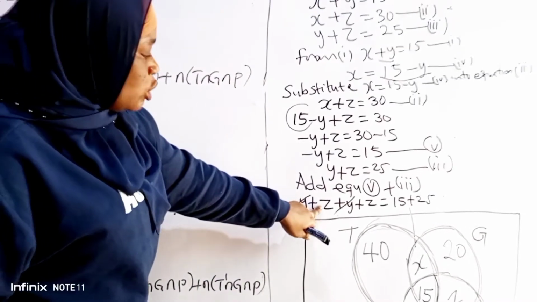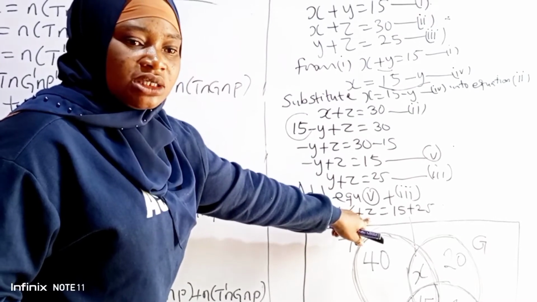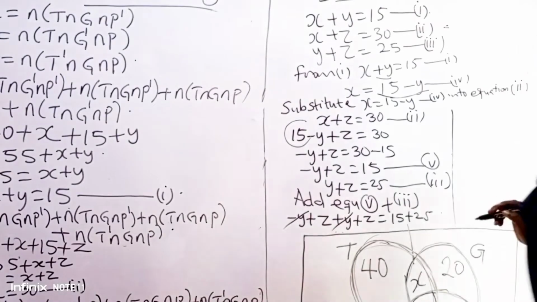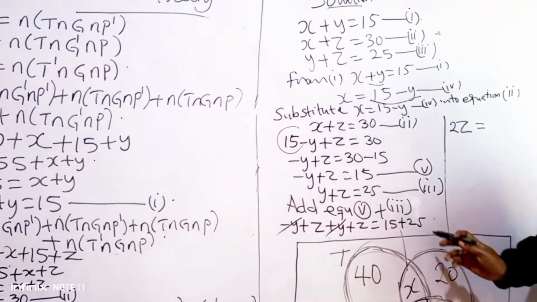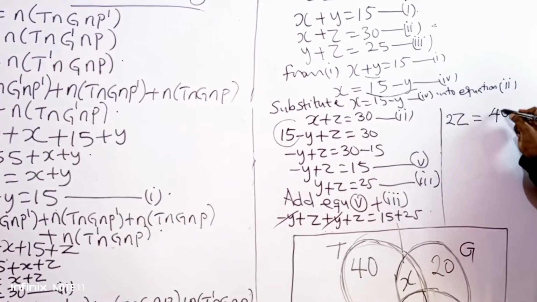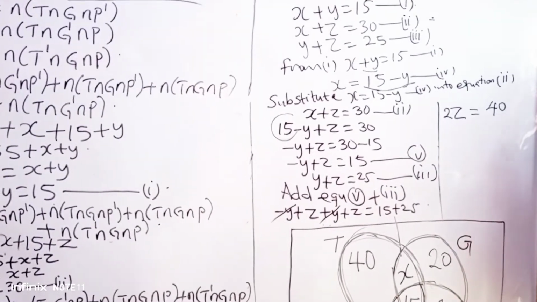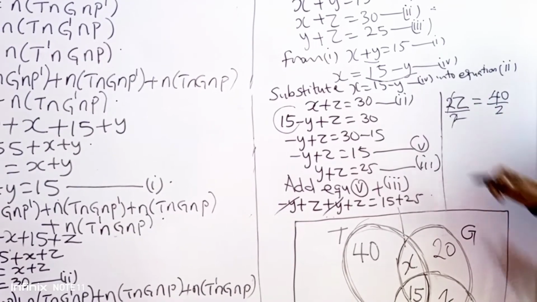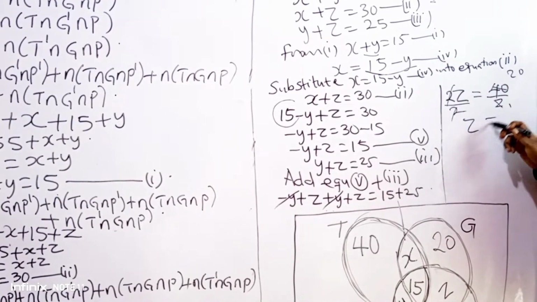We are left with plus z plus z, which gives me 2z. So we have 2z is equal to 15 plus 25, which is 40. What is the next thing to do? Divide both sides by 2. The 2 cancels here, so z is equal to 20.